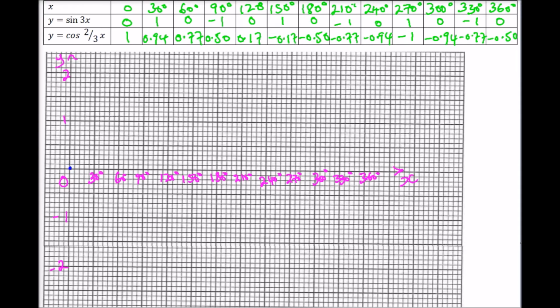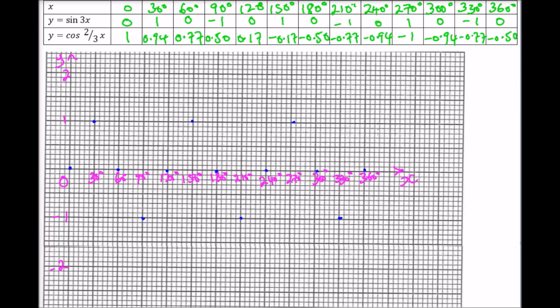Then we have 1, 0, 1, minus 1, 0, 1, 0, minus 1, 0, 1, 0, 1, minus 1, and 0 again.